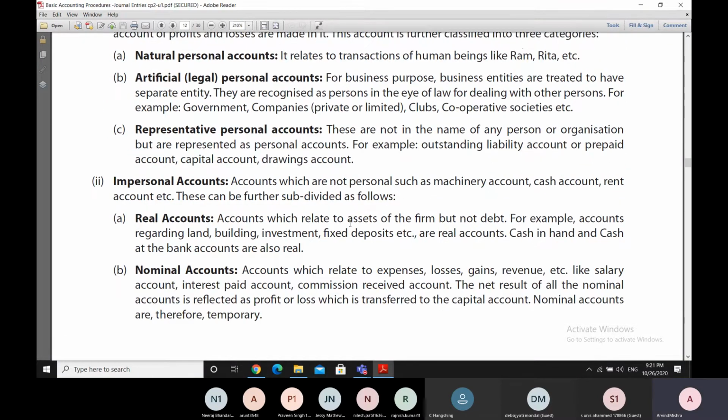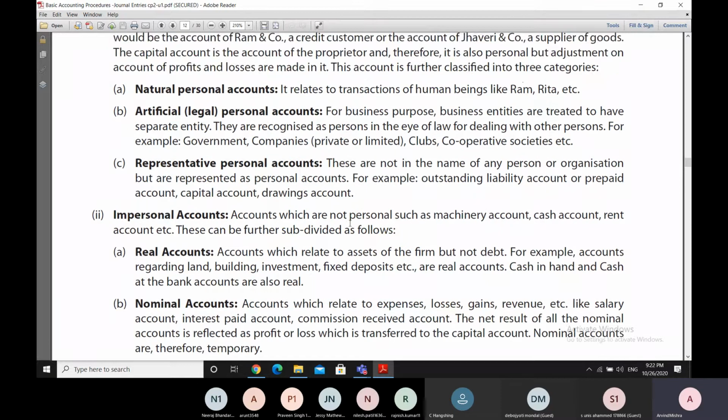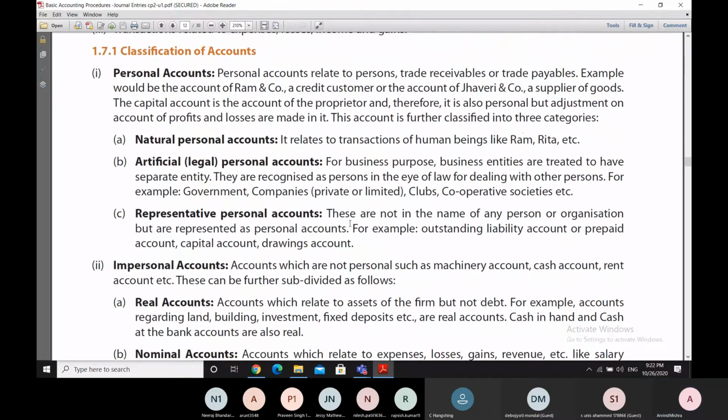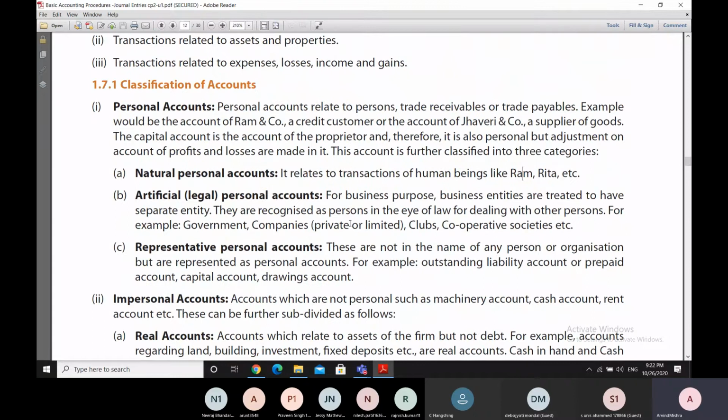So accounts are basically of two types, personal and impersonal. The personal accounts may relate to debts and to natural persons or legal persons, or a group of persons included under, let's say, outstanding liability or prepaid account or capital account even.